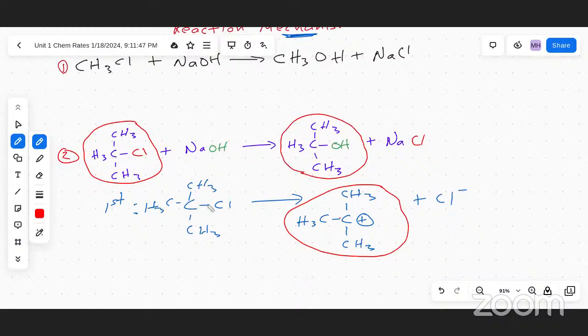So the mechanism is showing you that when these two compounds react with each other, there are things that are formed that the equation does not show. So the good thing I'm going to tell you, in terms of answering the questions, is that this first step here is the slowest step.